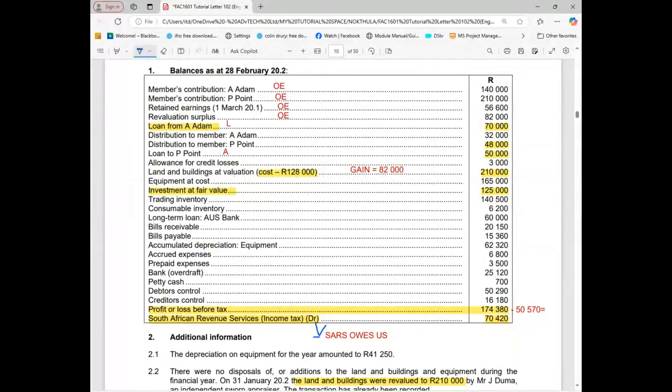Are you with me? Equipment at cost is 165, yes. So the other one is 128, and this one is 165. Let's go and check them.